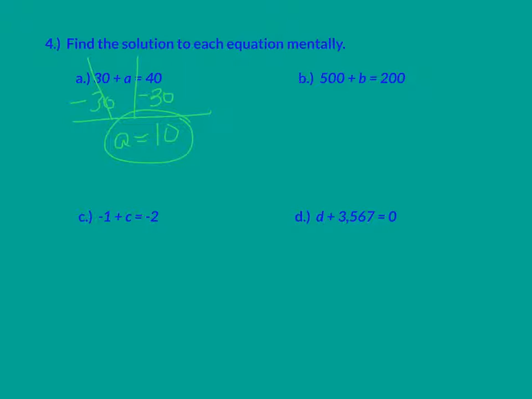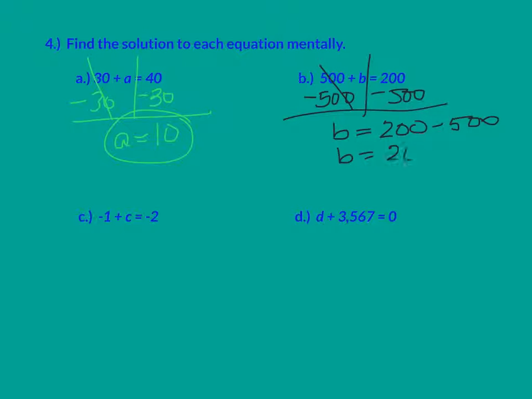Moving right along to b, I've got 500 plus b equals 200. So the opposite of 500 is minus 500. I subtract 500 on both sides. This one is going to be a little bit different. I'm going to be left with b equals 200 minus 500. And I'm going to stay, change, change, cha-cha-cha. And now, of course, my signs are different.